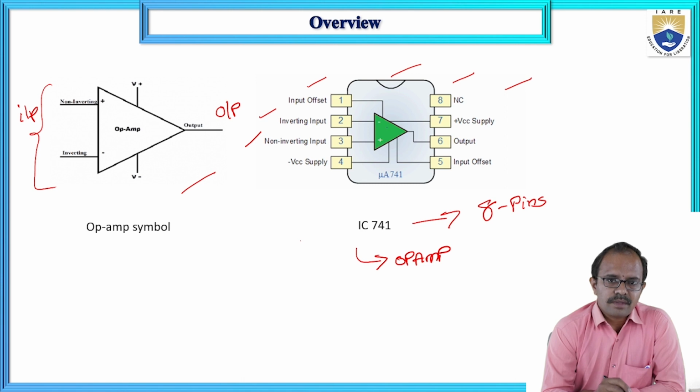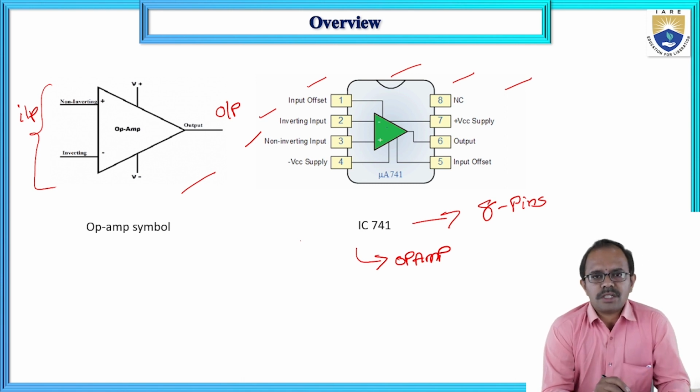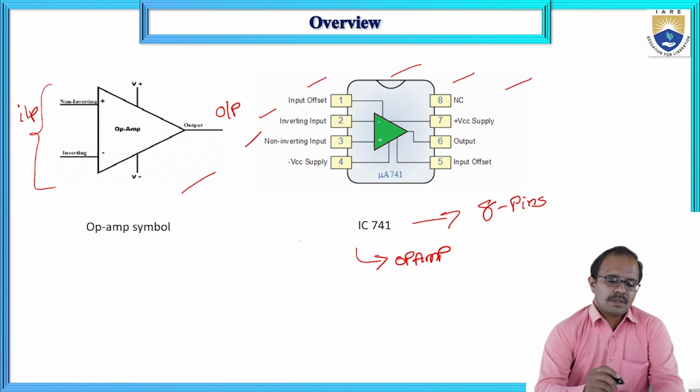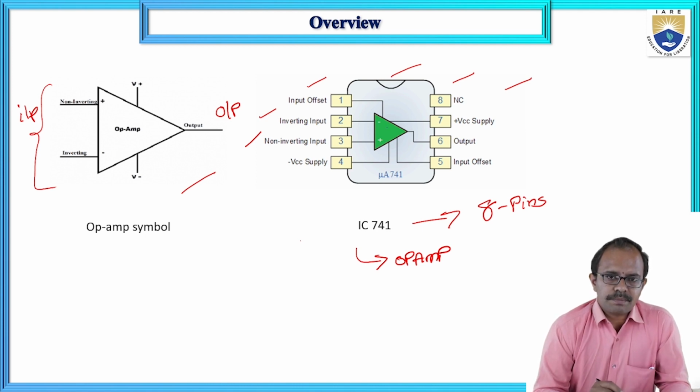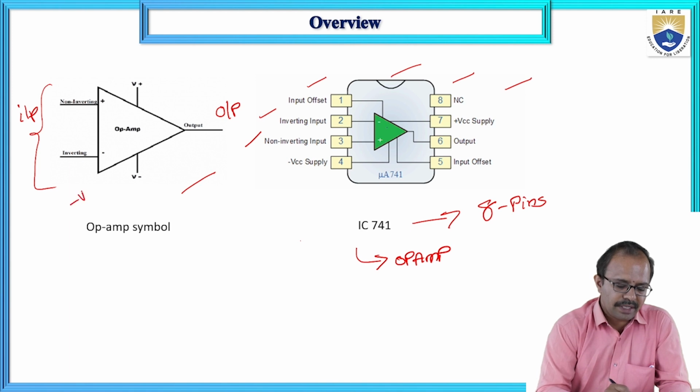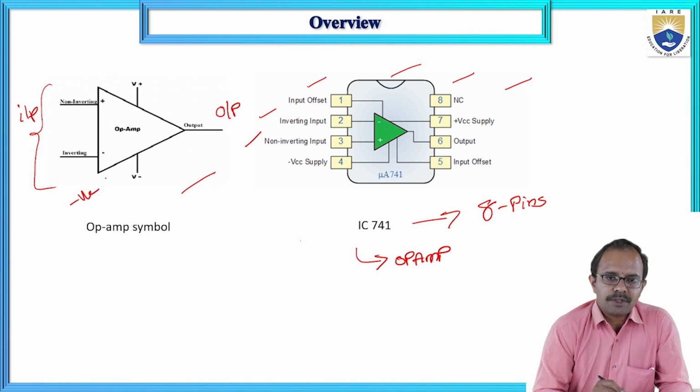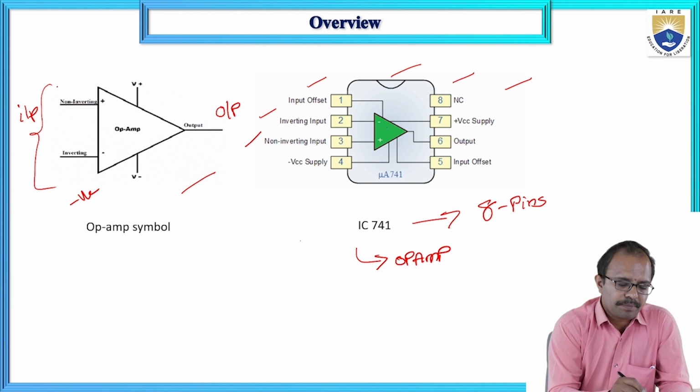If you observe, there are two inputs in the op amp. What are the two inputs? One is the inverting input and the other is the non-inverting input. As you know, the signal applied to the inverting terminal will have a negative polarity, whereas the signal provided at the non-inverting terminal will acquire a positive polarity.